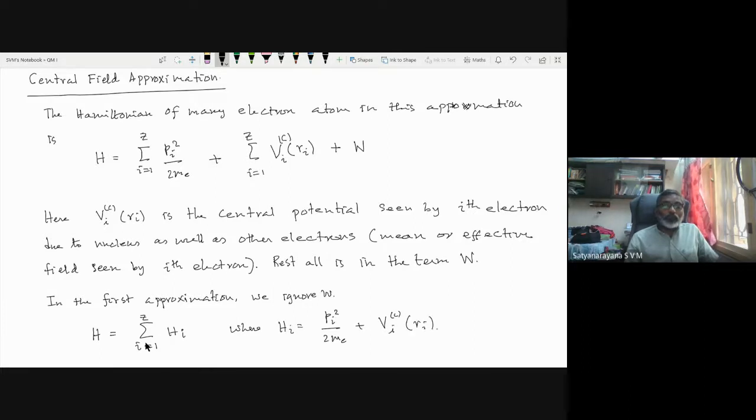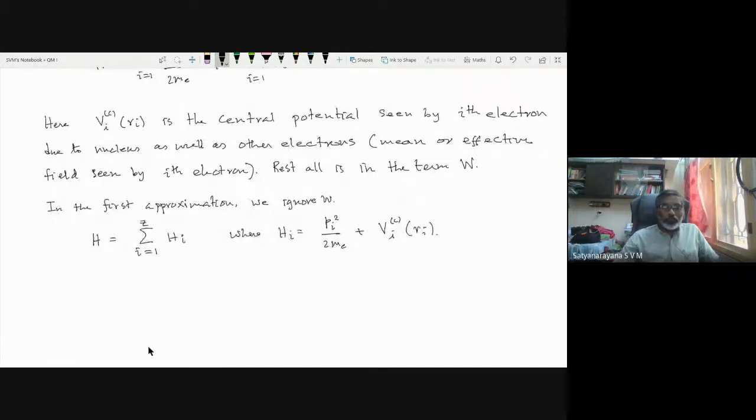If you solve this equation, then the actual eigenvalue of this whole Hamiltonian will be the sum of the eigenvalues, and the eigenfunction is going to be the product of the eigenfunctions. So if you are able to decouple like this, this has a simplifying form for the Hamiltonian.